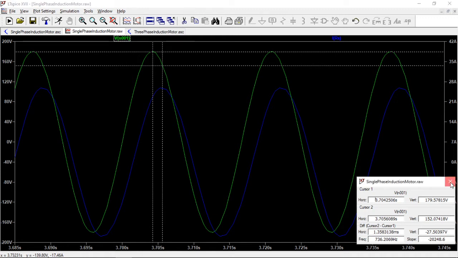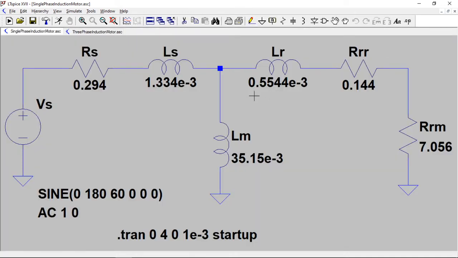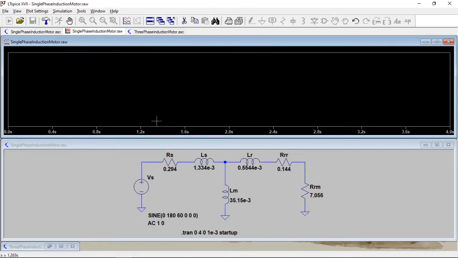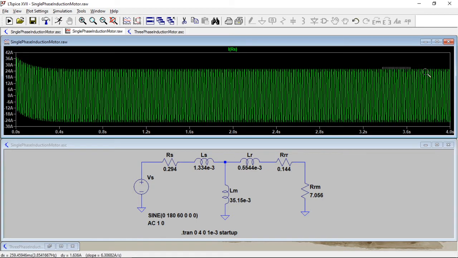Let's go in now and measure this current. Let's look at this current here. So let's run it and see how that compares.